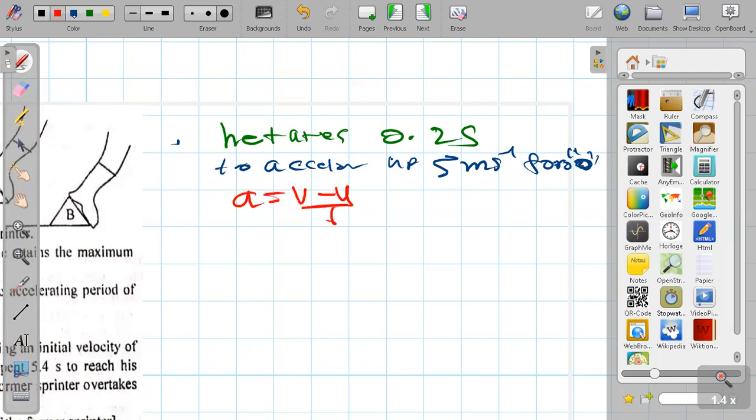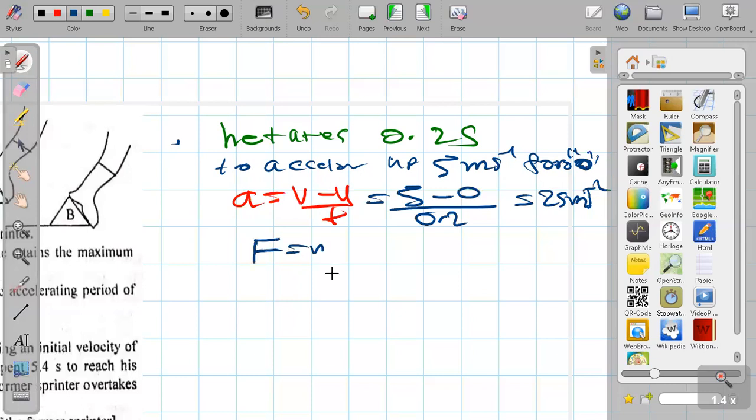This is how you get the acceleration. v is 5 minus 0 over 0.2, which is 25 m/s², a very large acceleration. So it's ma. m is 70 times 25.